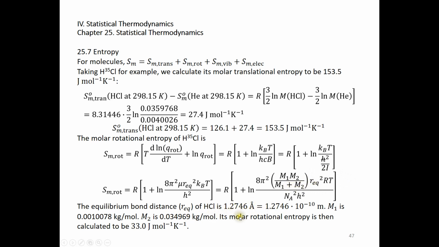It's 1.275 angstroms. Plug it in. Plug in R. Plug in temperature, assuming we're talking about room temperature. And we can do the calculation. You get 33 joule per mole per Kelvin. So we've got translational entropy, and we got rotational entropy for 1 mole HCl.